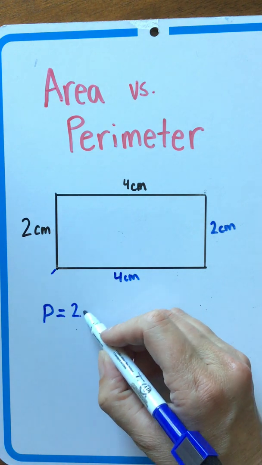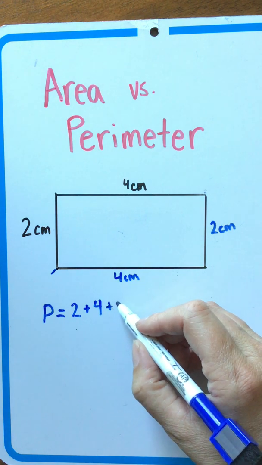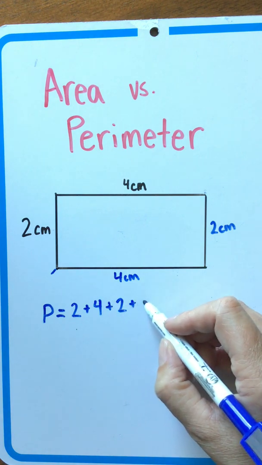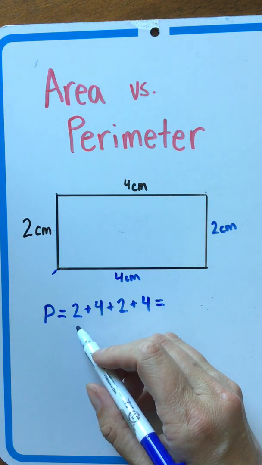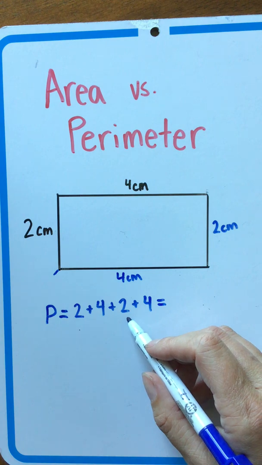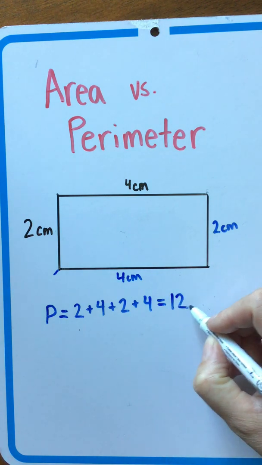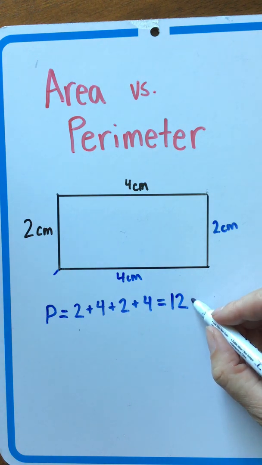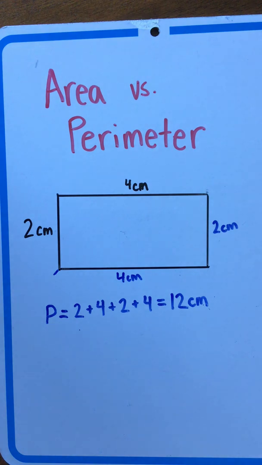So I've got 2 centimeters plus 4 centimeters plus another 2 centimeters plus another 4 centimeters. 2 plus 4 is 6, 6 plus 4 is 10, 10 plus 2 is 12. Now at this point I've got my final answer, but I have to stop being lazy and add in the units. So the perimeter of this rectangle is 12 centimeters.